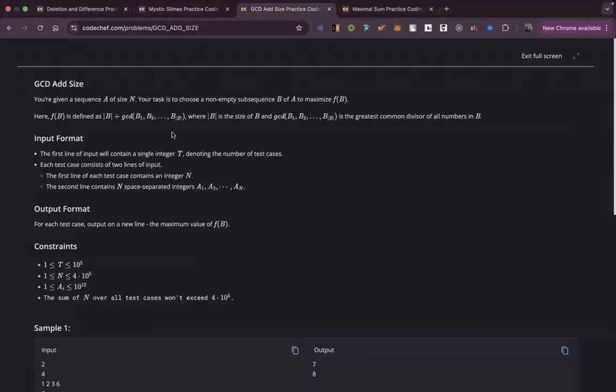GCD add size. You are given a sequence A of n size. Your task is to choose a non-empty subsequence B of A to maximize F(B). Here, F(B) is defined as this value.